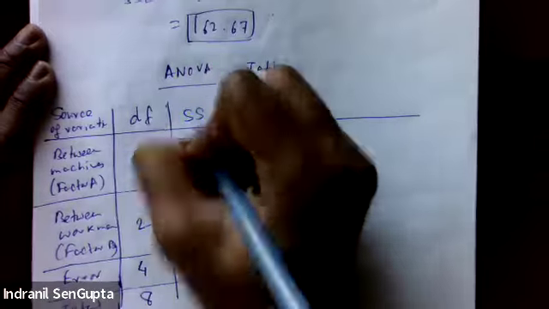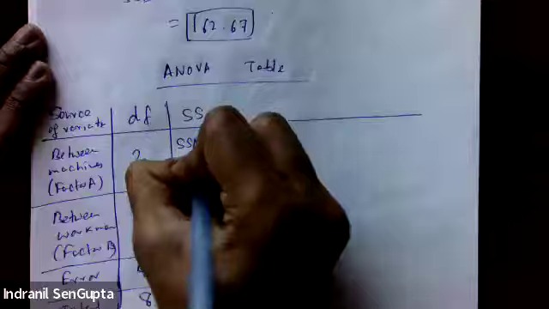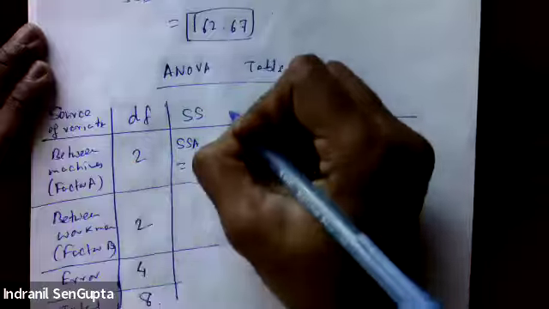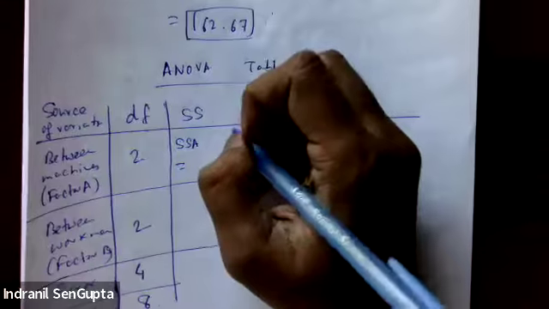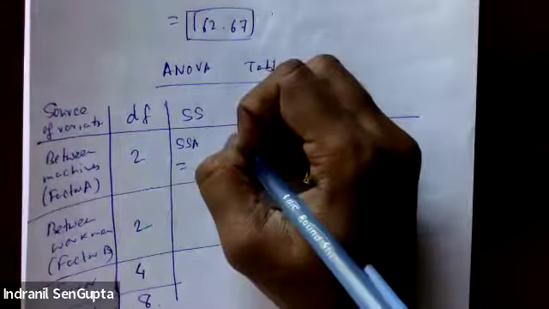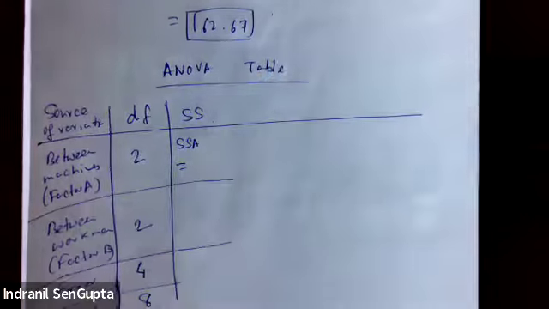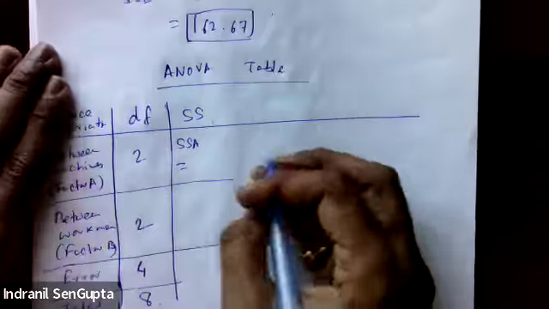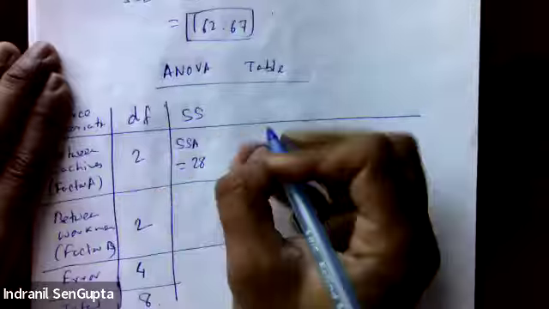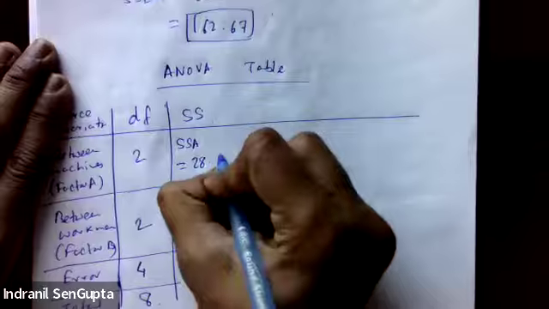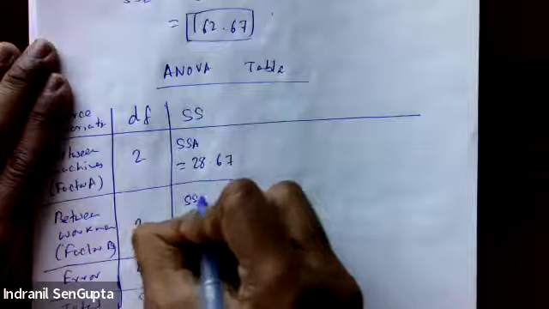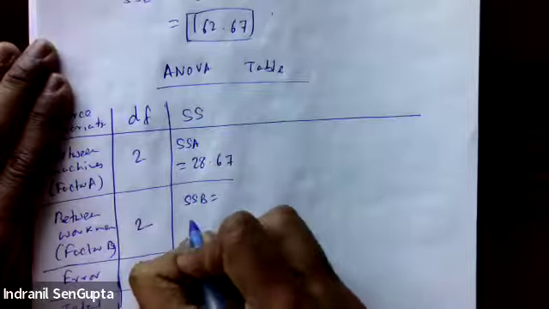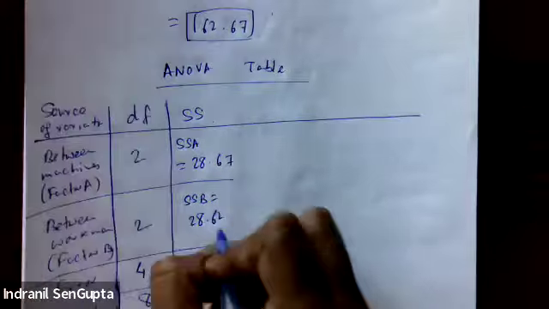Now SS. We have SSA. So we have already computed SSA. So let's just plug the value here. So SSA we found 28.67. SSB we found it 28.62.